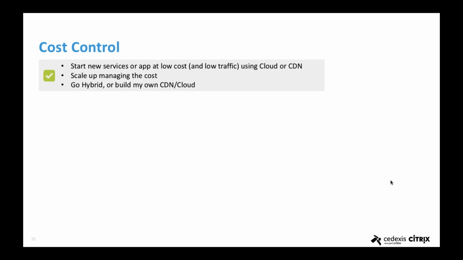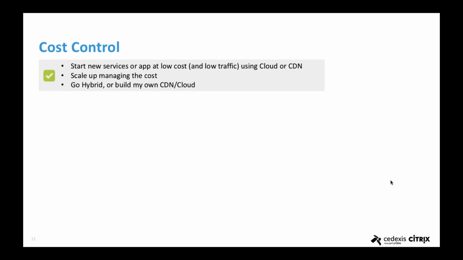Coming back to cost control, as I said before, it applies quite well in the CDN world, but more generally in a hybrid scenario. Usually people move to cloud for a new application, but sometimes it's hard to know what the level of traffic of that application is going to be. And sometimes people also want to keep control and keep hosting in a primary data center for this application.